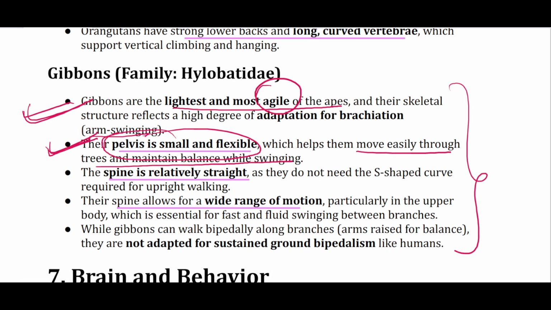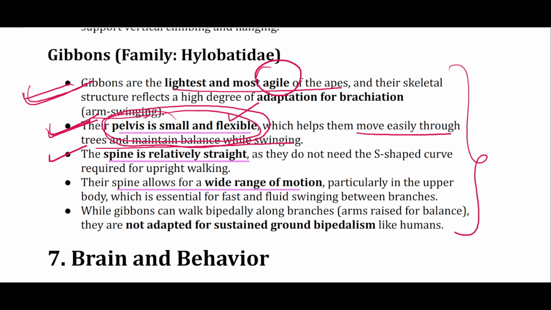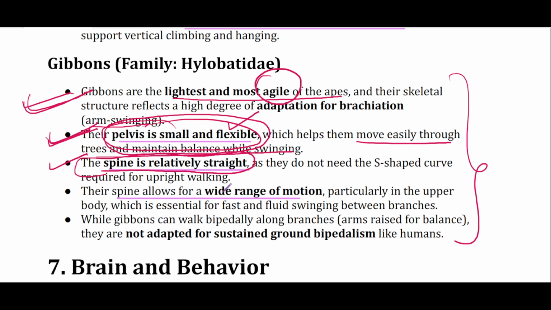So you can see the pelvis is lightweight and small, and flexible, and the spine is relatively straight, just like the orangutan. So here also it is the same thing, because the weight is being distributed from one tree branch to another, since they are swinging and leaping across the tree branches.